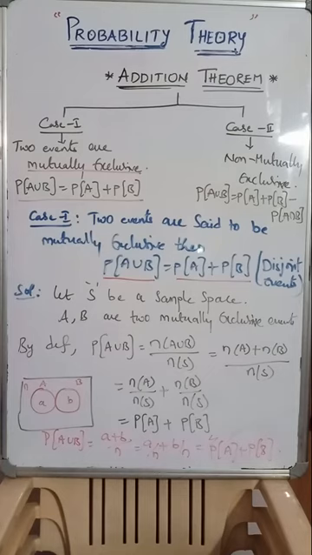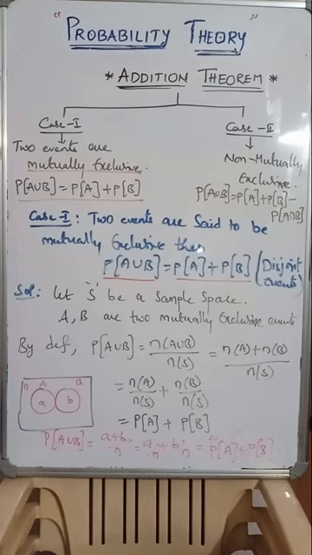Alternative one it is. Usually the above one which I had written in black has to be done in the examination. If it is asked to state and prove the addition theorem when two events are mutually exclusive, you have to prove this one literally. Clear guys?